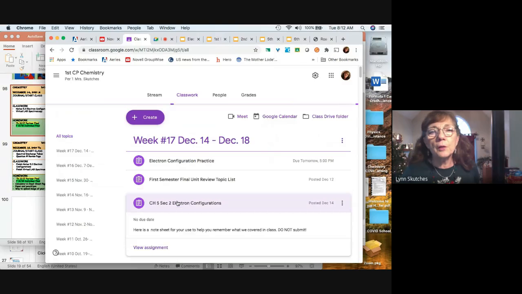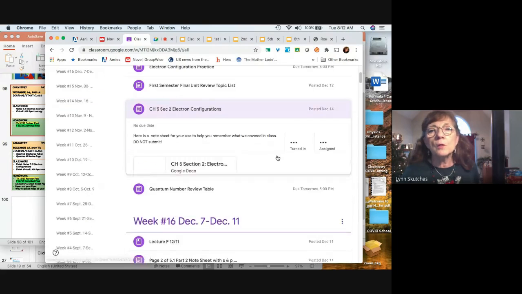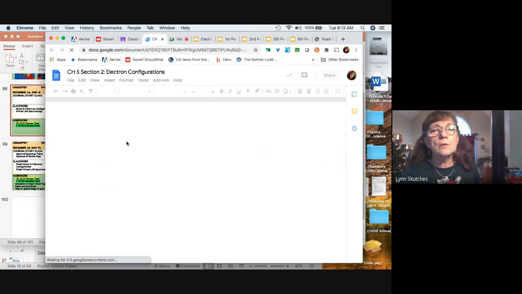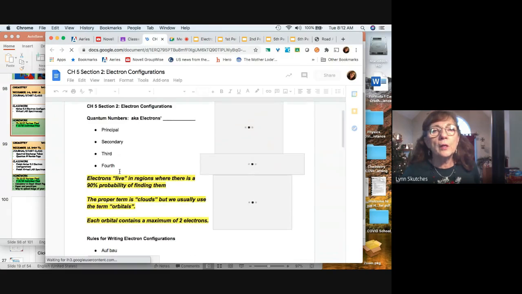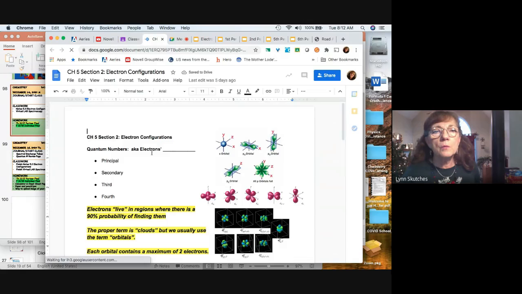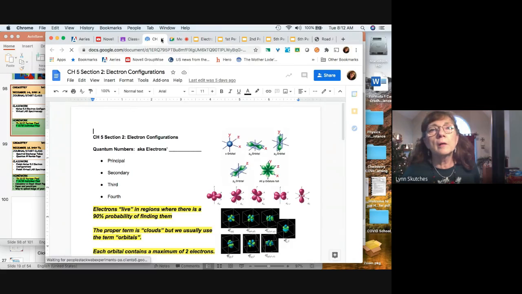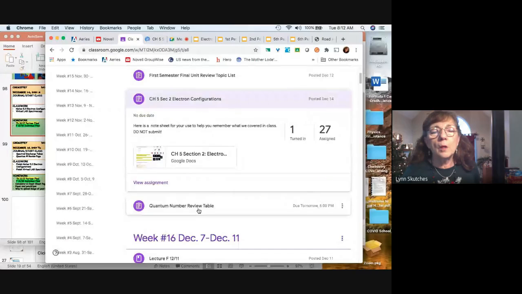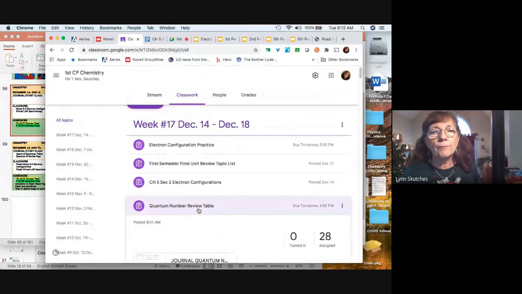on electron configurations. So this is the note sheet. This will be useful for filling in. If you took notes yesterday, this is what you need to fill in on the quantum number review table.